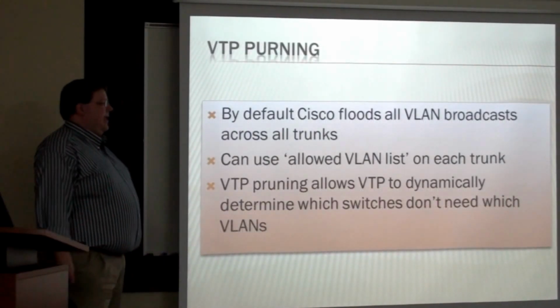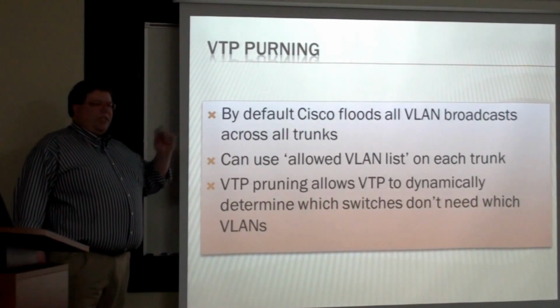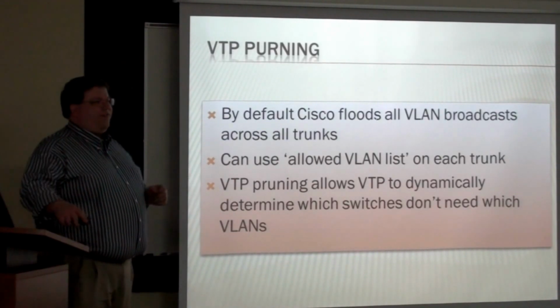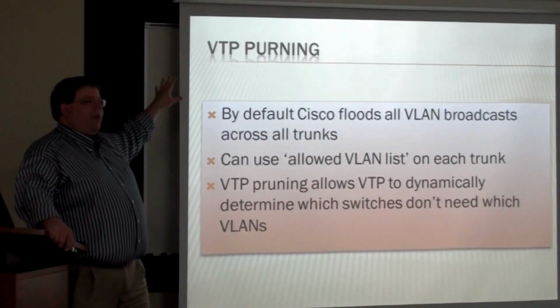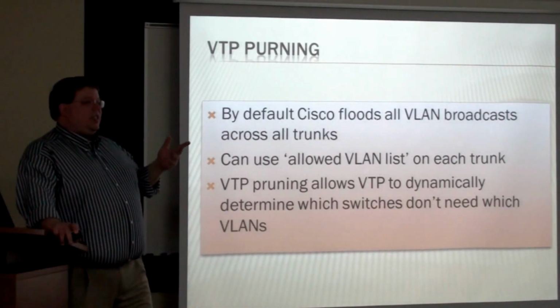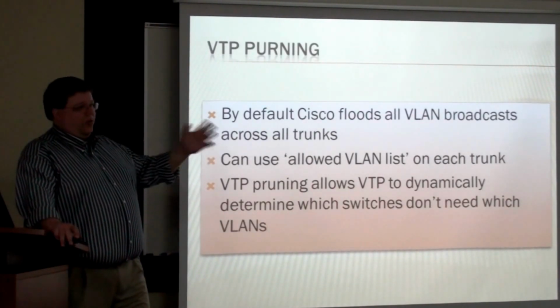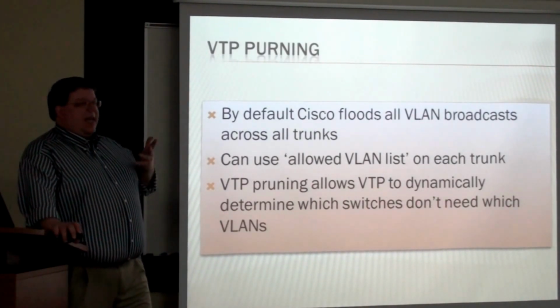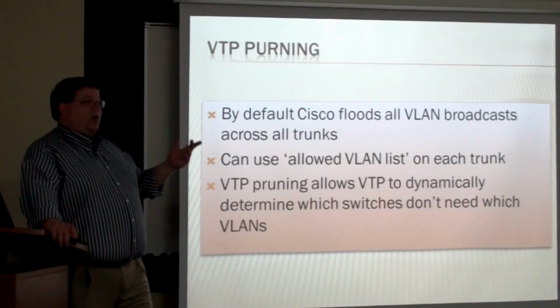VTP pruning. If you have a network with a lot of trunks, not every switch on the other side of the trunk is going to have every VLAN on it. So you want to enable VTP pruning, which basically pays attention to what VLANs are on the switch on the other side of the link, and it won't send the unneeded information or unneeded broadcasts across that link.